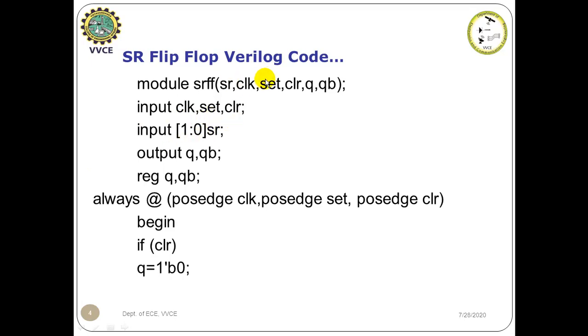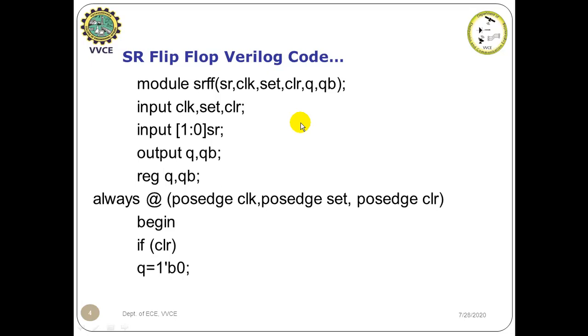For every combination of S and R with a rising edge of clock with appropriate set and clear input, I have to observe the output at output variables Q and QB. You have to use Q and QB as output ports. Since I am writing the code in a behavioral description style, all the output variable names in the output port, I have to copy in a register and store.